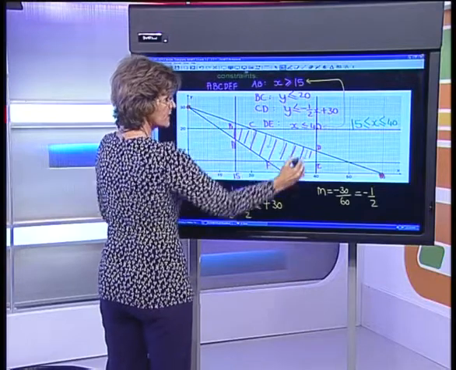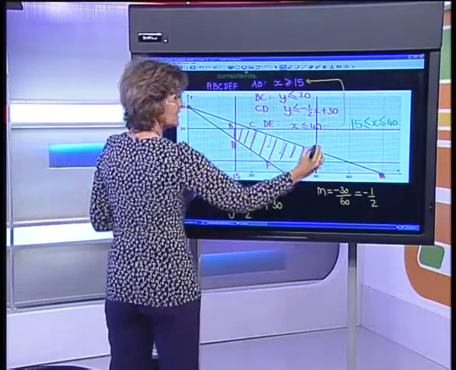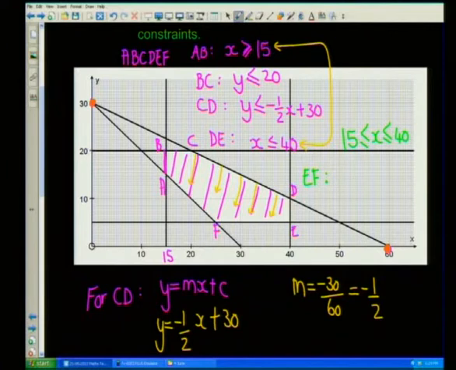Right, so we've done DE. Now we need EF, and I'm going to put in EF over here. Can you see that EF, again, is going to be in terms of y. It's a horizontal line, and if we read back our scale, it's y greater or equal to 5, because it's above. Can you see that these two can be put together as one constraint?